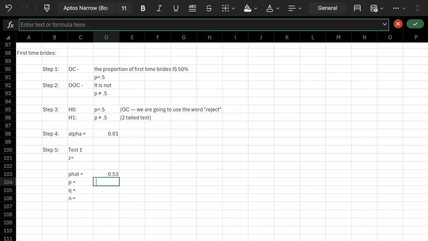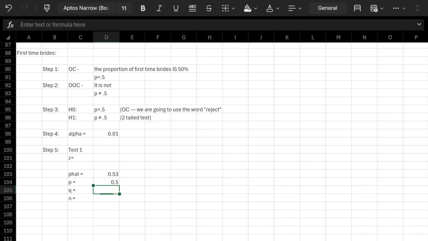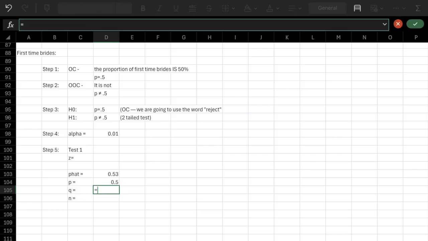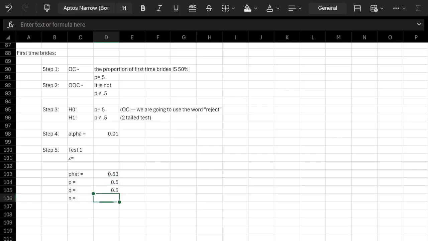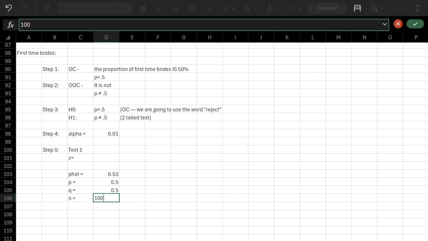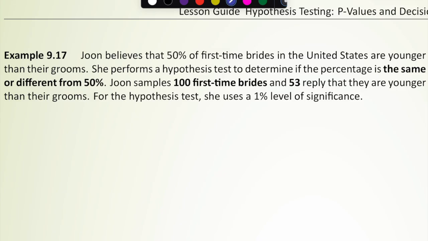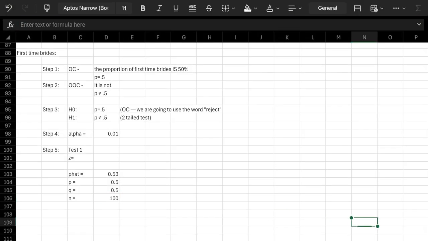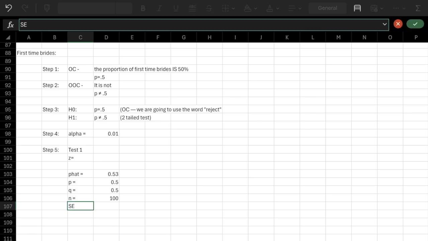P is 0.5, right? That's by assumption of the null hypothesis. Q equals 1 minus P, which again is, of course, 0.5. And she sampled 100, didn't she? Yep, she sampled 100.